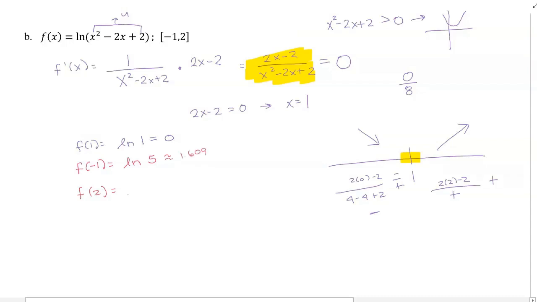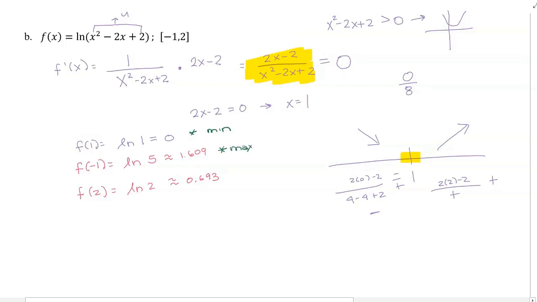And then the function of 2 will just be the natural log of 2, which is approximately 0.693. From my calculations, it looks like f of 1 will be the min since its y value is the smallest, and then f of -1 will be the max since its y value is the largest.